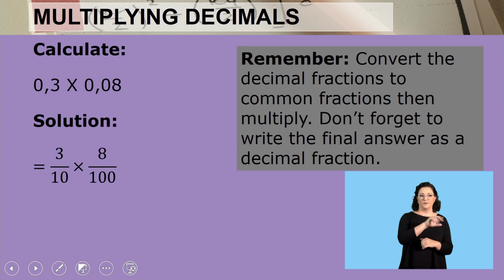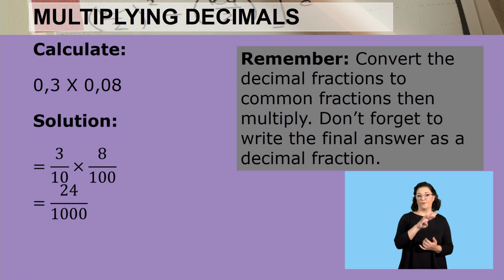Converting 0,3 will give you 3 tenths. Multiplied by 0,08 will actually give you 8 hundredths. And this we then multiply as common fractions. 3 multiplied by 8 should give you 24. And then we have 10 multiplied by 100, which gives you 1,000. And your answer would be 24 over 1,000.